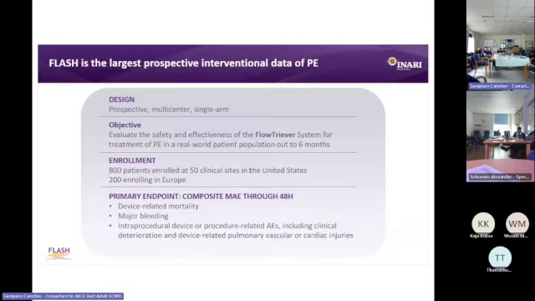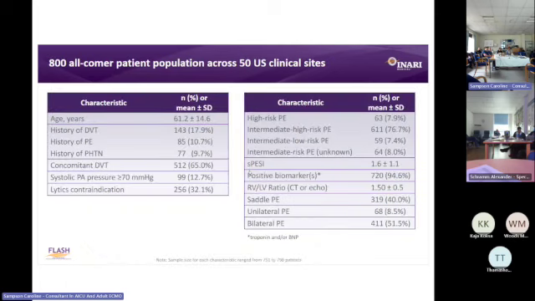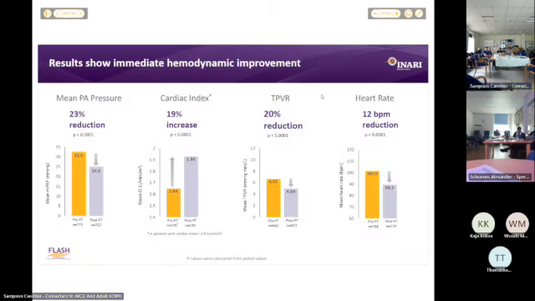The company has a lot of registries now with regards to enrolling a lot of these PE patients, so we can get more real world data to improve overall outcomes in PE. The results show, with regards to the registries, quite significant hemodynamic improvement, whether it be with regards to pulmonary artery pressure, cardiac index, and things like heart rate as well.